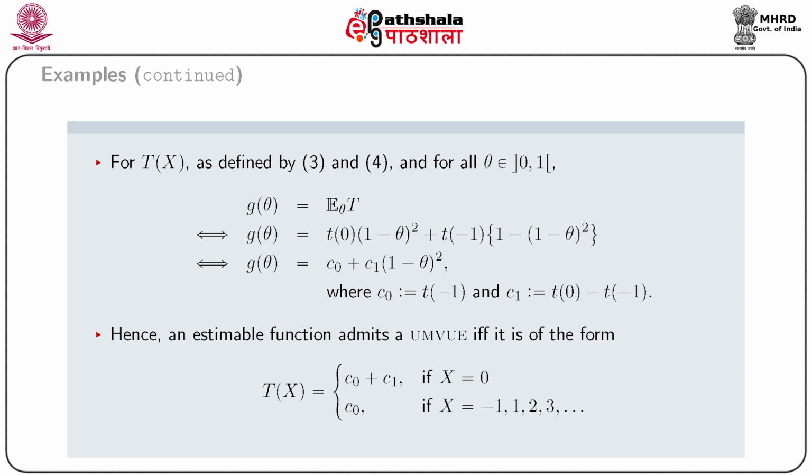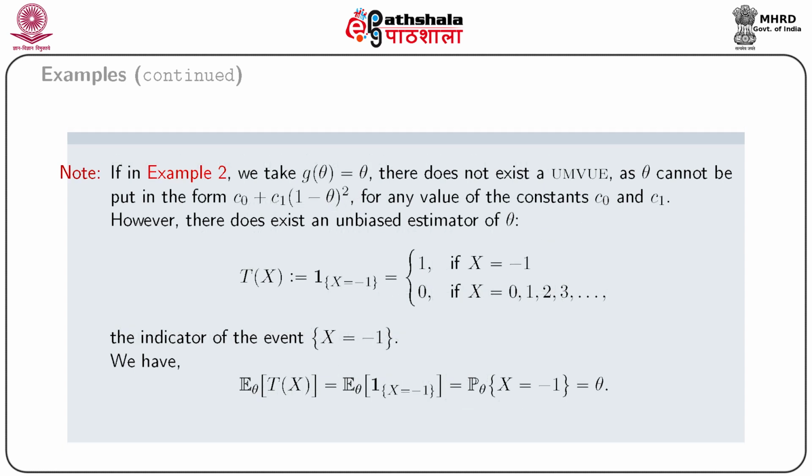Hence, an estimable function g(theta) will have the UMVUE if it is of the form g(theta) = c1(1 - theta)^2 + c0, and the UMVUE of g(theta) is given by T(x) = c0 + c1 if x = 0, and it is equal to c0 if x = -1, 1, 2 up to infinity.